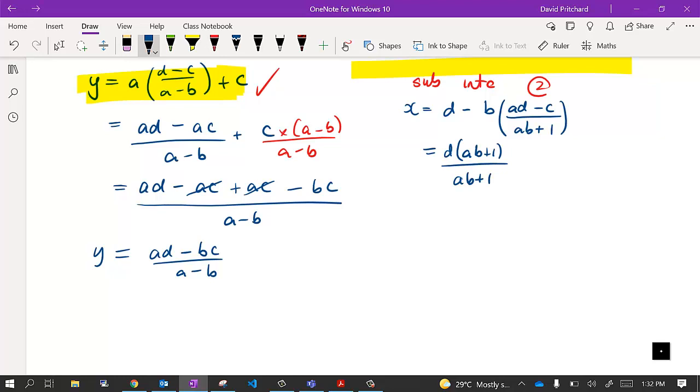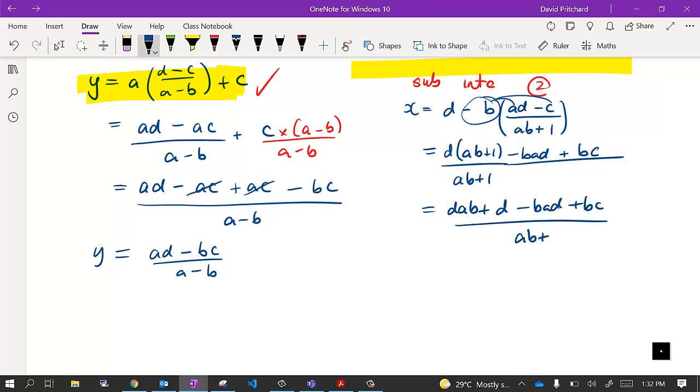So now that they're all on the same thing, we can expand this into the bracket. So we've got negative BAD, and negative B times negative C is plus BC. And now it's just a matter of expanding out and simplifying. So we've got DAB plus D take BAD plus BC over AB plus 1. And that's our solution for x.